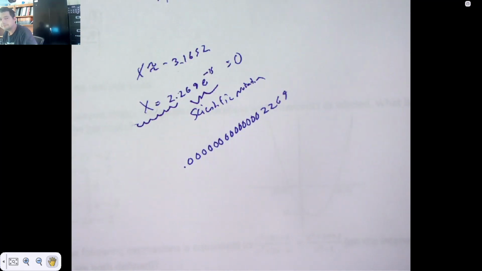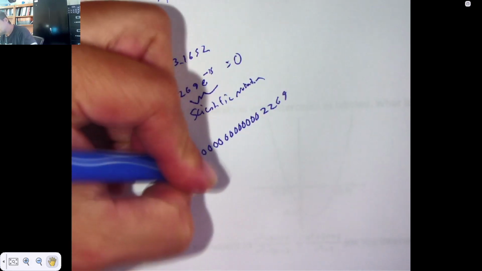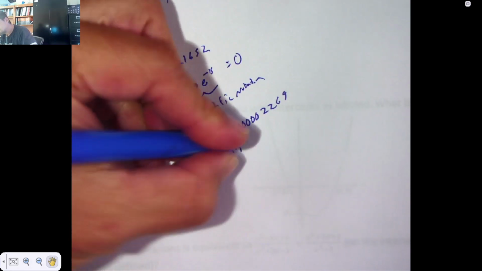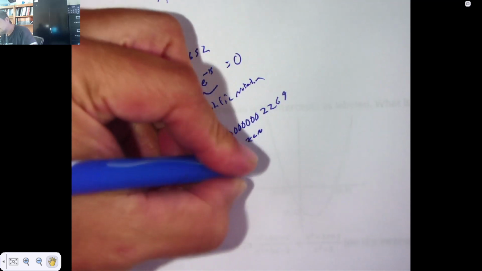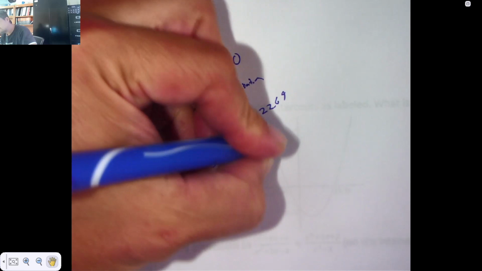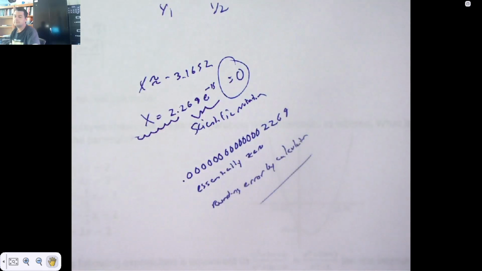I think that's right. This is essentially 0. And it's a rounding error by the calculator. So, 0.